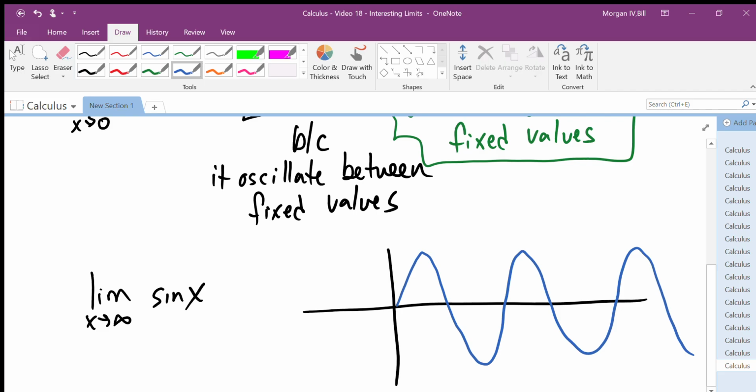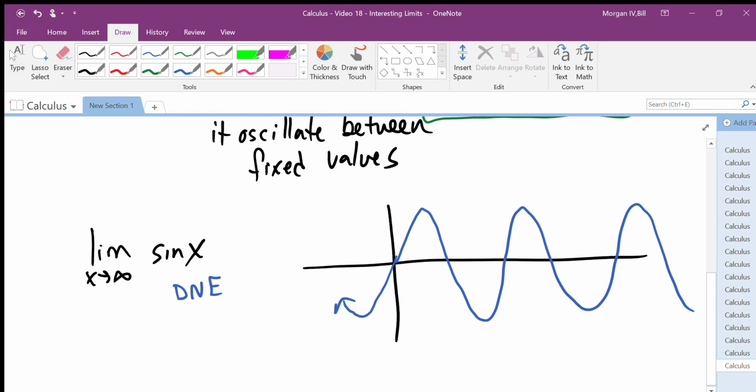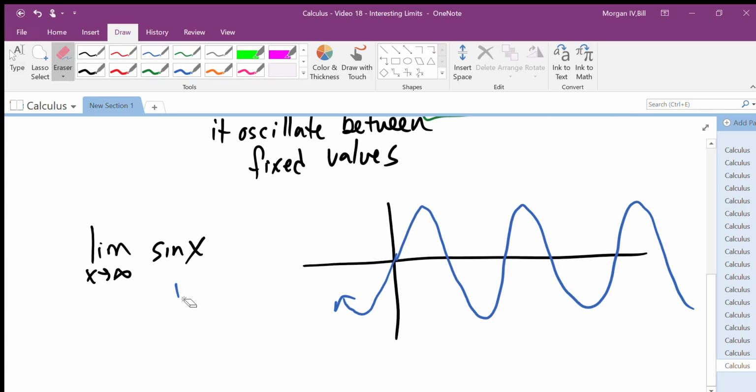It doesn't go towards a particular value. Therefore this answer also does not exist for the same reason, or undefined, if you will. This is also undefined because it oscillates between fixed values.